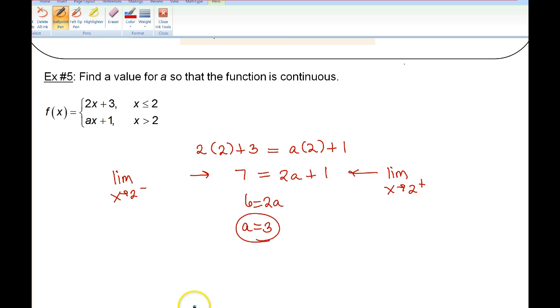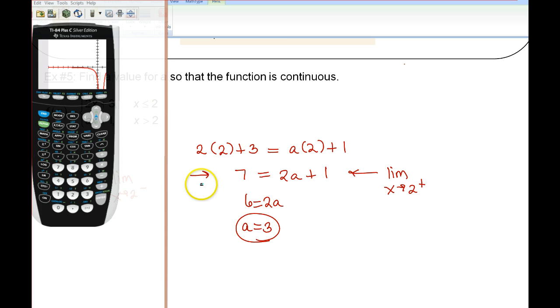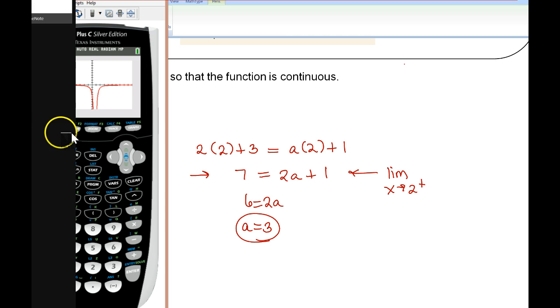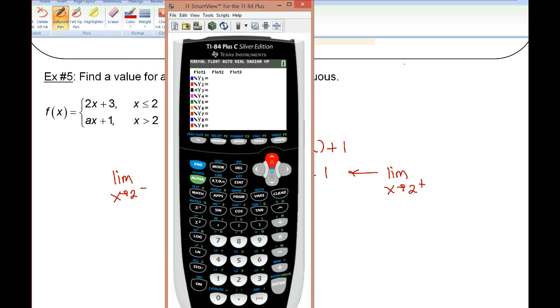Just if you wanted to check on your calculator, plug 2 in here for A. So one of them would be 2x plus 3 when x is less than or equal to 2. And then the other one would have to be like 3, since it says it has to be greater than 2.